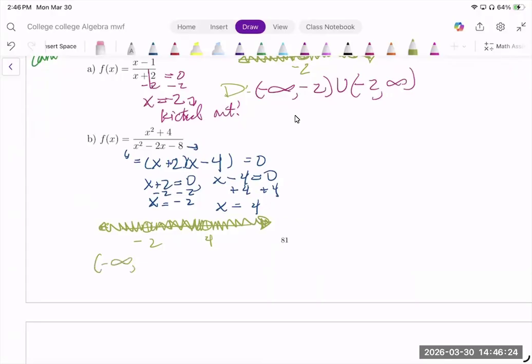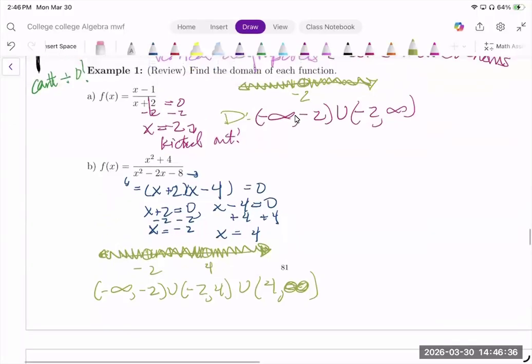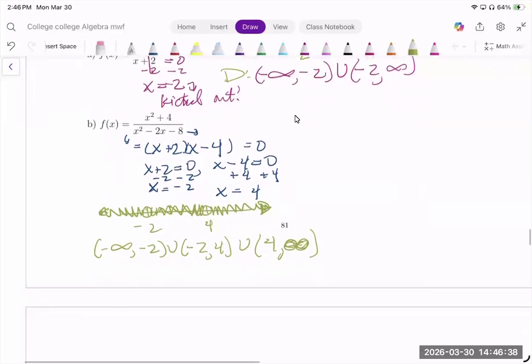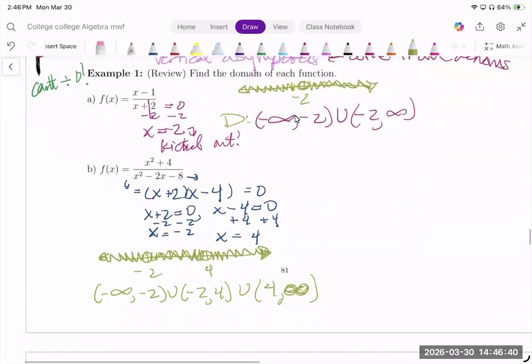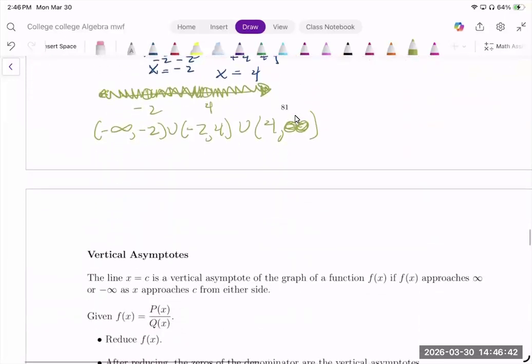So I have -infinity to -2, union -2 to 4, union 4 to infinity. Hopefully this wasn't too challenging. We've talked about domain at least 3 other times at this point. If it is challenging, please come find me.